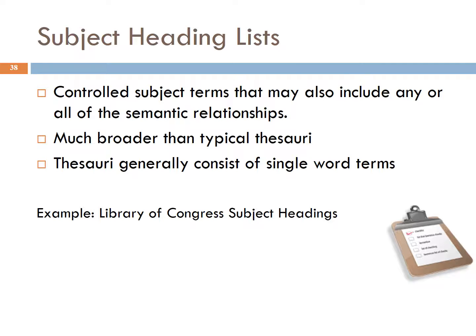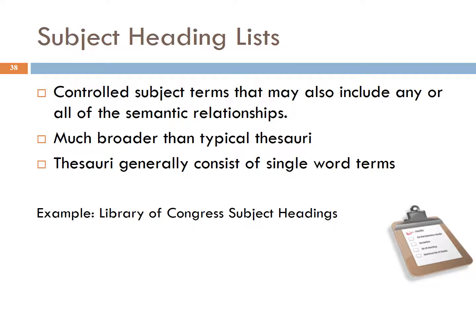Subject heading lists are lists of controlled subject terms that may also include any or all of the semantic relationships that we've just talked about. Subject headings are, however, often distinguished from thesauri for several reasons, although the dividing lines are sometimes far from absolute.